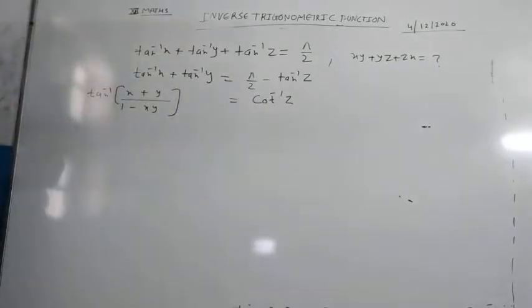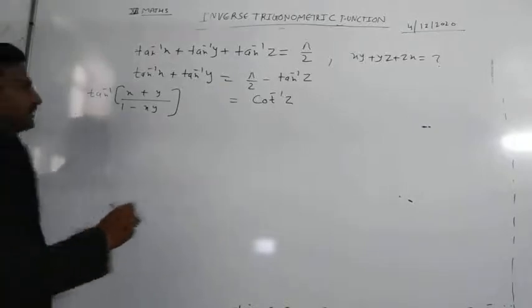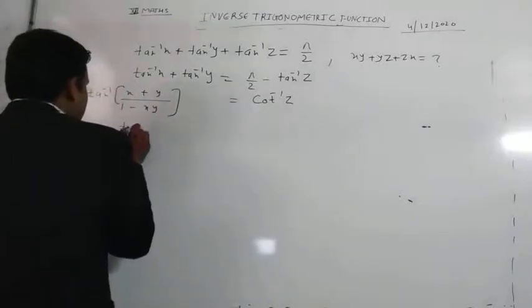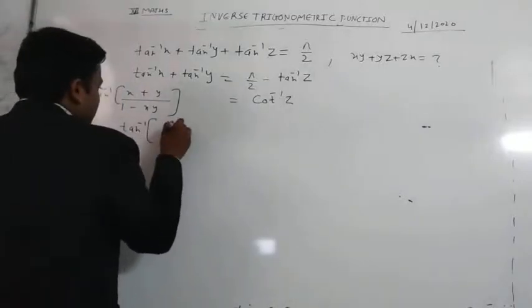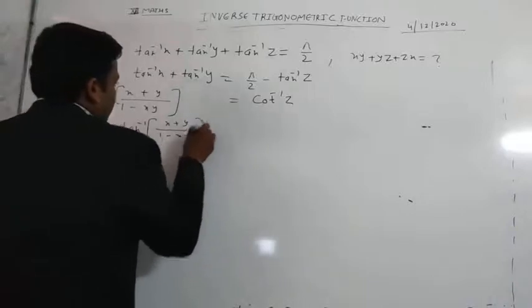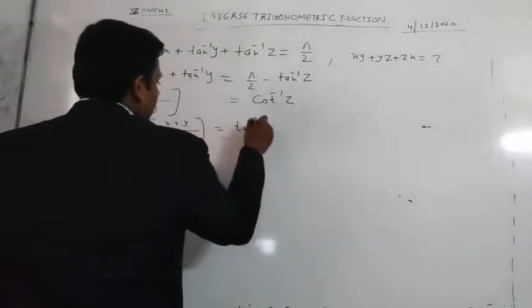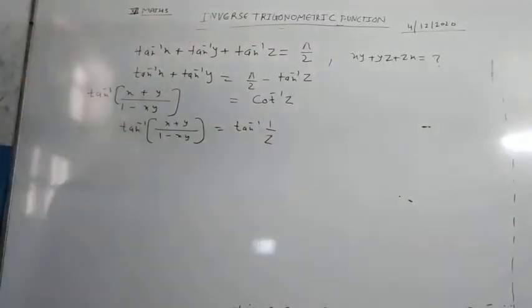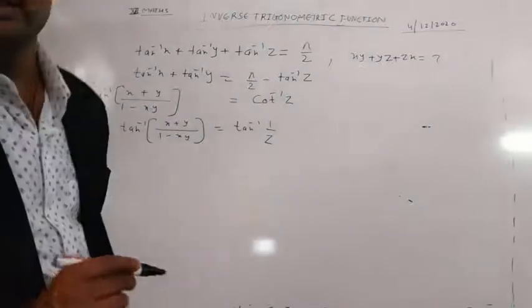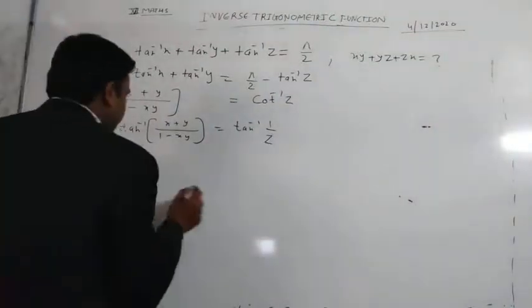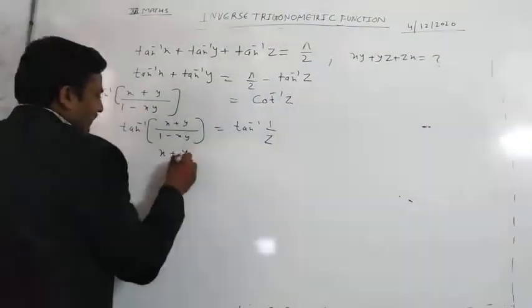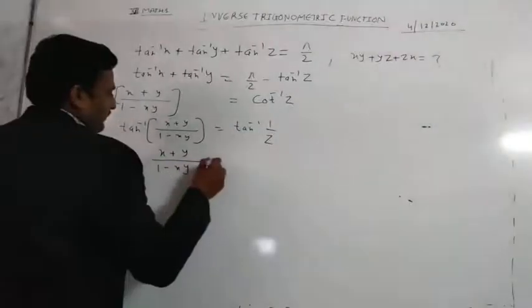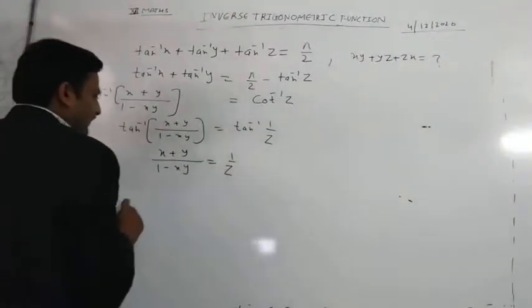Now this cot inverse z, we can change into tan inverse 1 by z, and this tan inverse will reduce from both sides, and we get (x plus y) by (1 minus xy), which is equal to 1 by z.